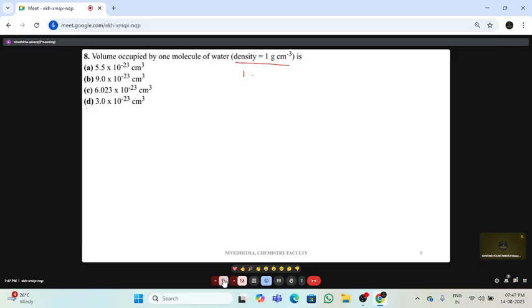It is 1 gram per centimeter cube. So what inference can we make from this data? It is 1 gram per centimeter cube. So what does it mean? 1 gram of water occupies 1 centimeter cube of volume. This is the inference, right?